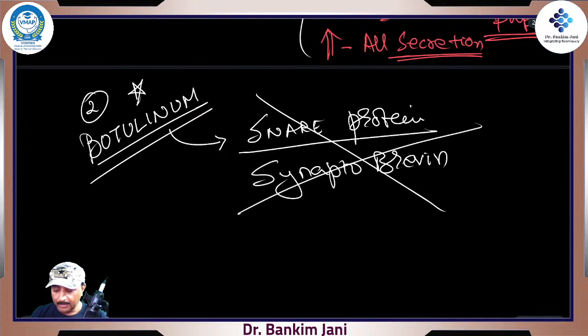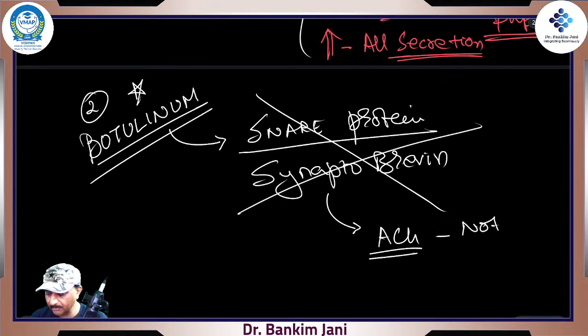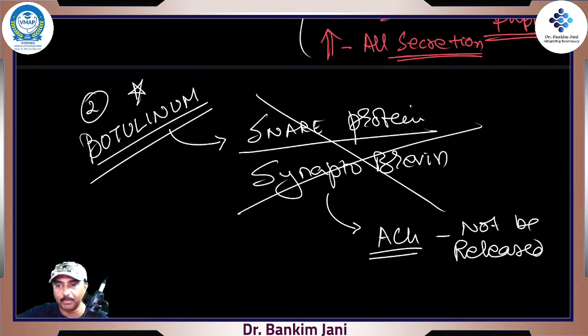Destroyed. This is needed for acetylcholine release, right? So now acetylcholine will not be released, because in order to go for exocytosis, it was necessary that this vesicle should break in and release the acetylcholine.